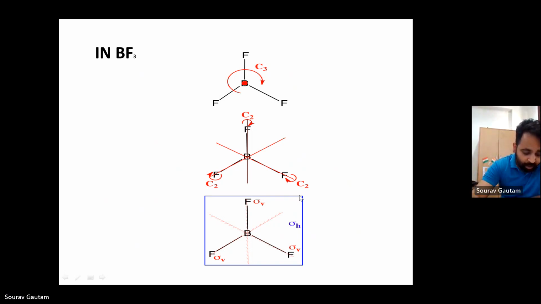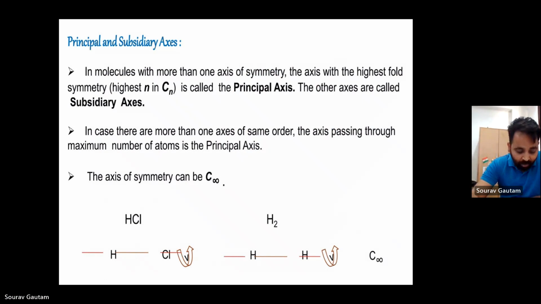So in case of a molecule with more than one axis of symmetry, the axis with the highest order, meaning minimum angle of rotation, is called the principal axis.